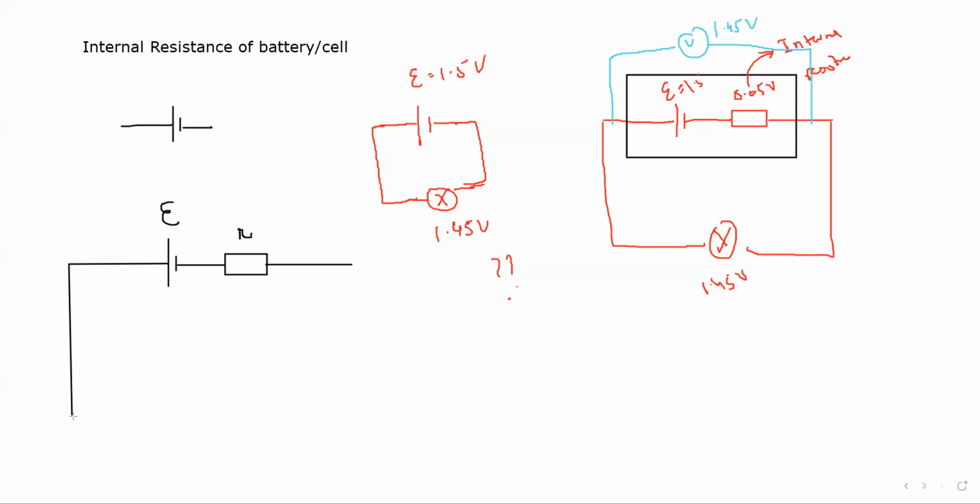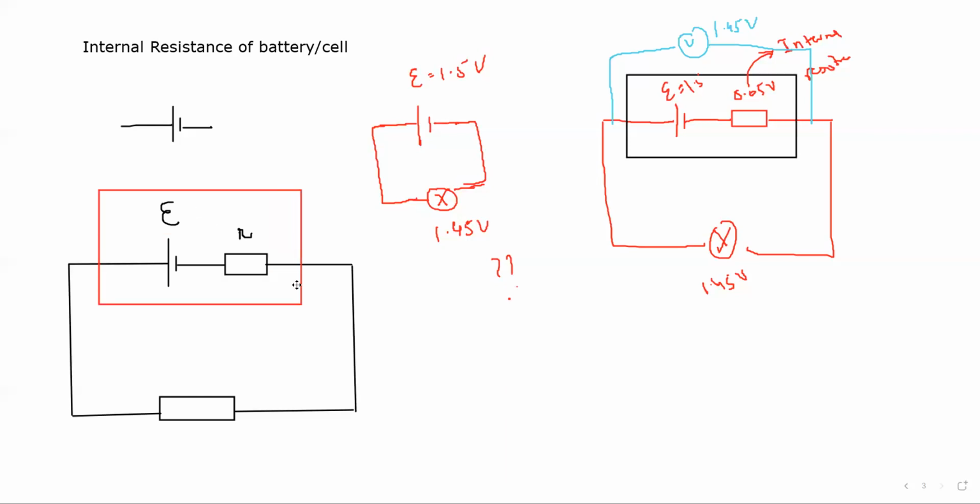And the external resistance is denoted by capital R. Now, when we represent a cell with internal resistance, it should be inside a box. This shows a cell with internal resistance. So the conventional current, the current I, will move out from the cell into the circuit.